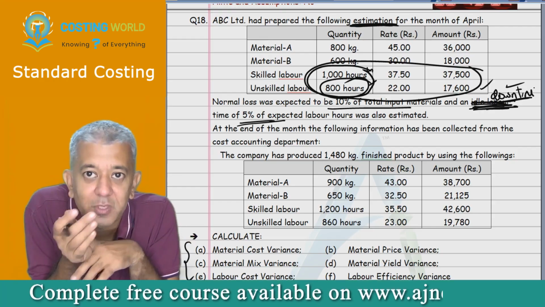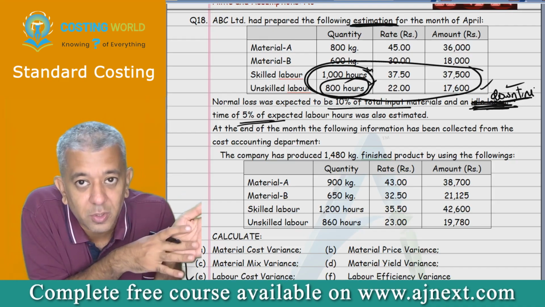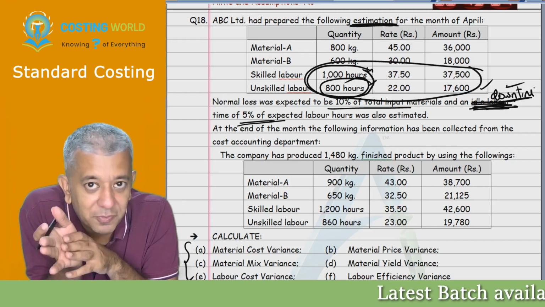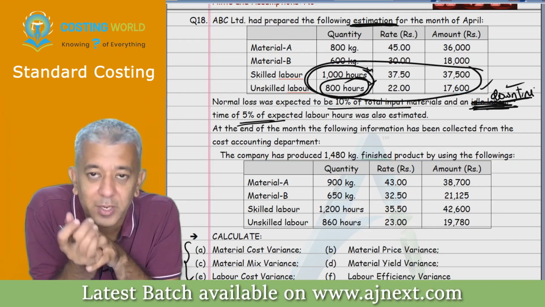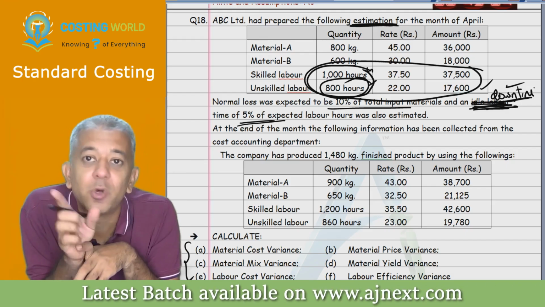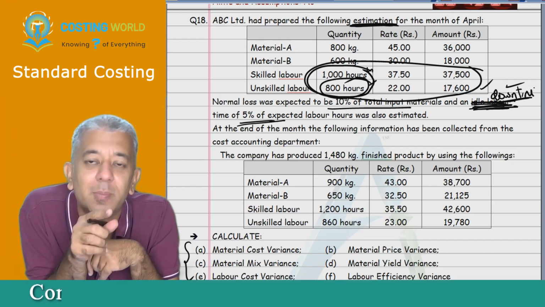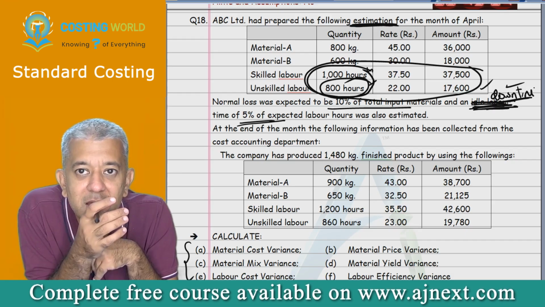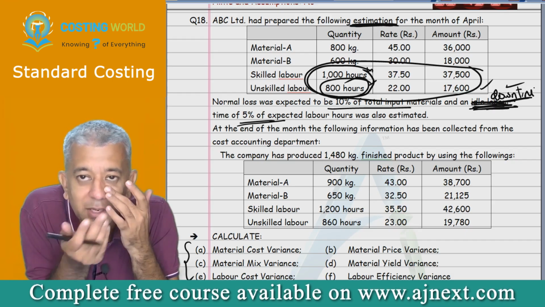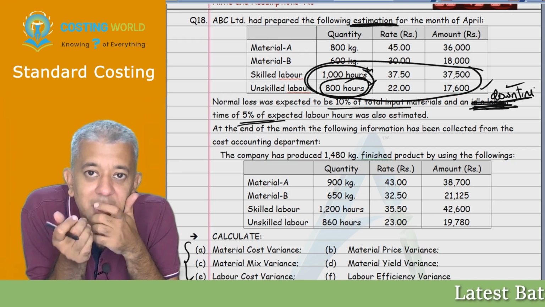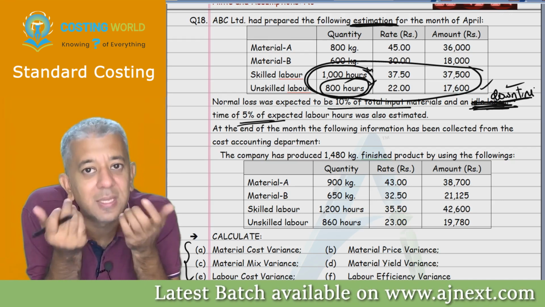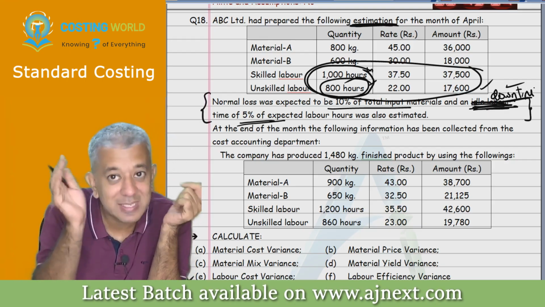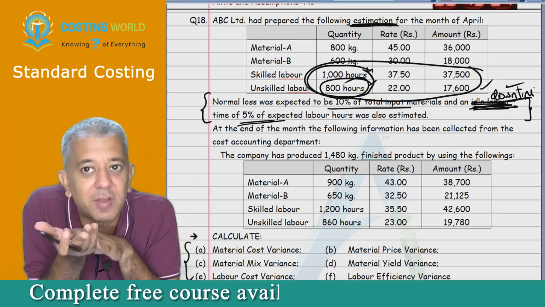So 1 was supposed to be normal loss. But you could attempt only 3. So out of 5 that you thought you would attempt, you attempted 3. So 2 is abnormal loss. When will you come to know about the abnormal loss? Before the paper or after the paper? After the paper, no? When you get the paper. So abnormal things you come to know only in the actual data. But this is that particular data which is part of the standard data. So therefore that will have to be removed.